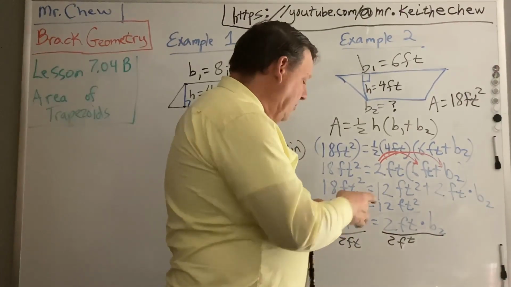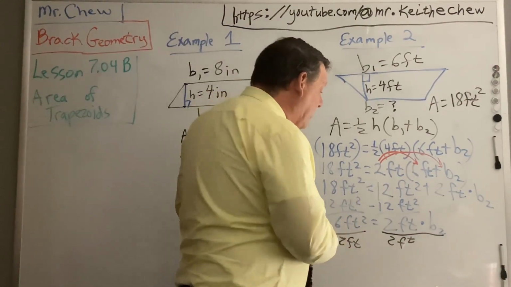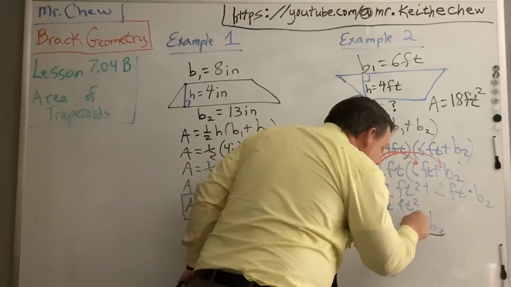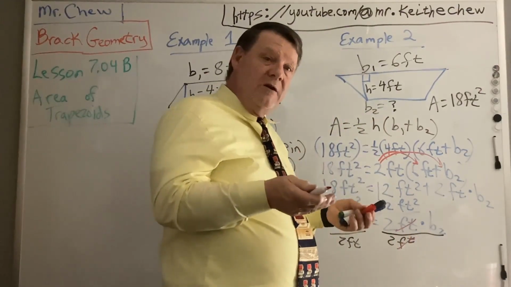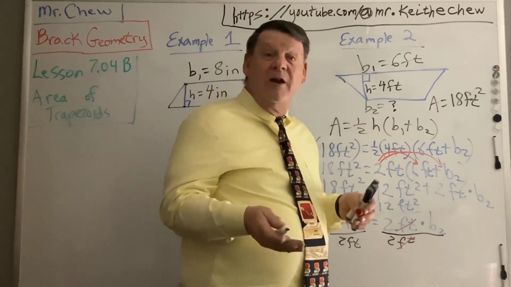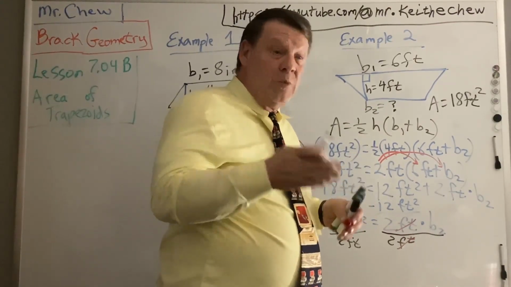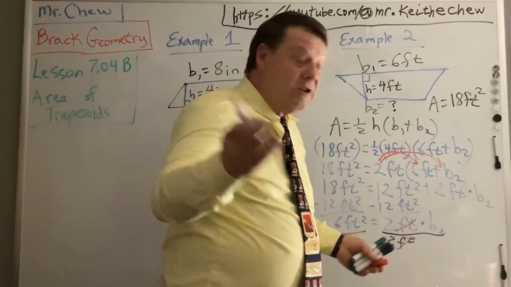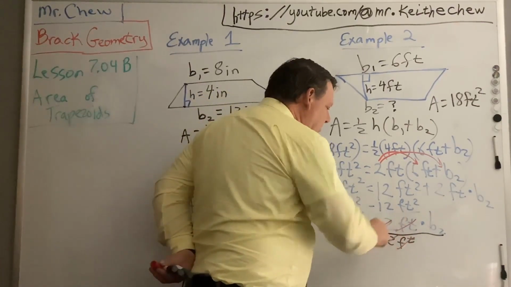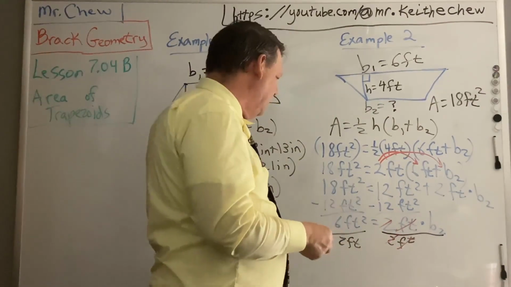And I would tell students, some teachers will tell you that the feet cancel out. Well, what really happens, you have a common factor of feet over feet. So you divide the numerator and denominator by feet, and it becomes 1 over 1, and 1 over 1 is 1, and you multiply by 1, and you get the same number. So teachers just have a habit of saying that cancels.